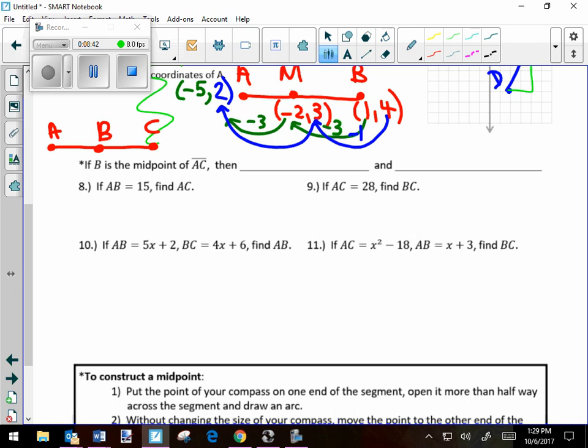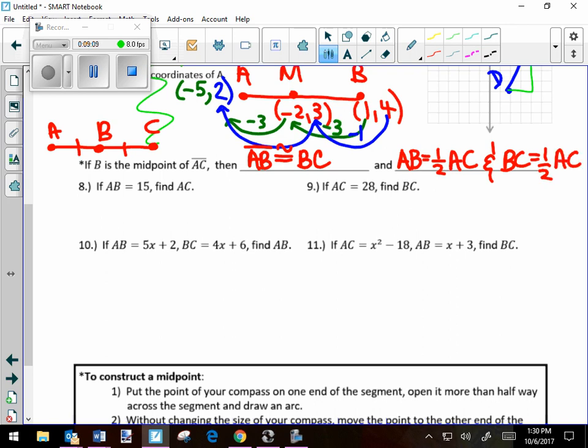If that is the case, then what I know is that AB, the first part, is congruent to the second part. And I also know that the measure of AB will be half of AC, and that BC is half of AC.